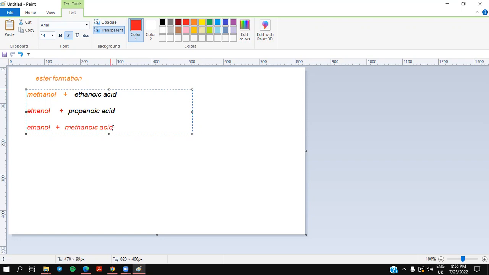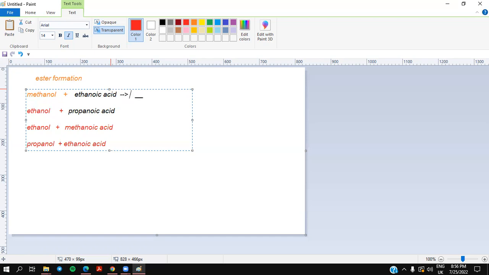Methanoic acid. Shall I take another one? This time I will take propanol. Propanol also can react with ethanoic acid. When alcohols and carboxylic acid react in that manner, we get an ester. What is the name of this ester is what I'm going to explain to you now.